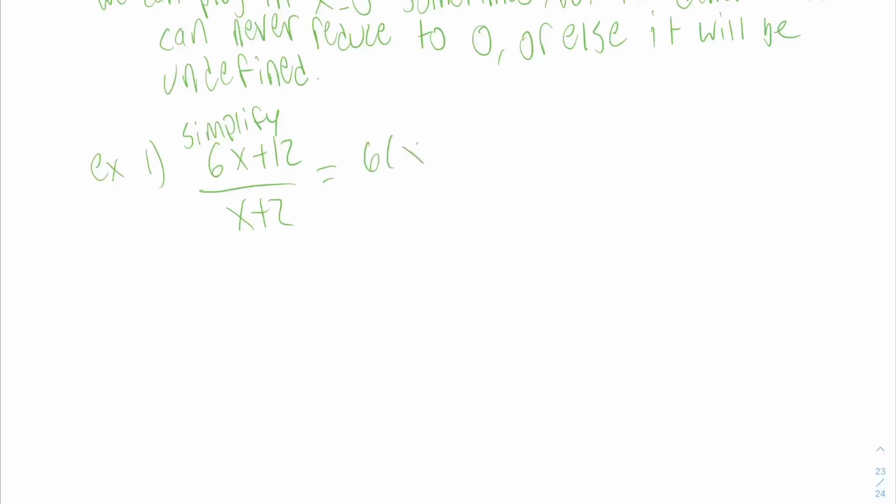So let's factor out a common factor, the 6. We get x plus 2 over x plus 2. Now we see that there is the same exact thing in the top and the bottom. And it's not just that it's the same thing, but that we are multiplying. So this would be equal to 6 times x plus 2 over x plus 2.